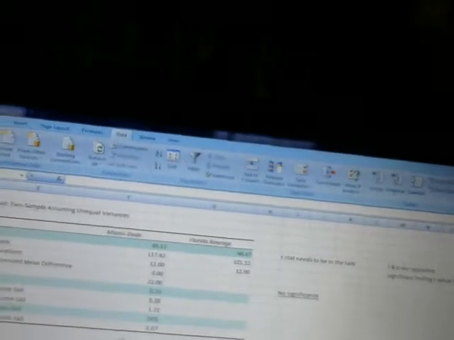So I asked the professor to explain to me what significance was, and the response I got was simply, okay, so if we look here at this example, we have a T-stat of 0.59 and a P of 56%, okay? These two values tell us that there is no significance because the T-stat needs to be in the tails.